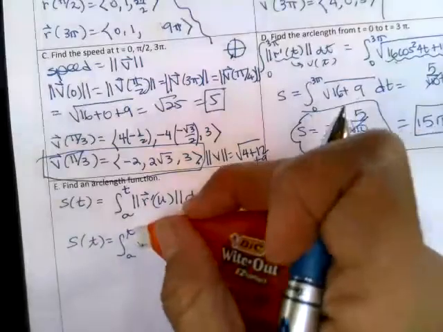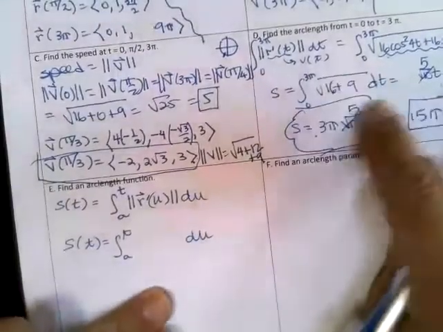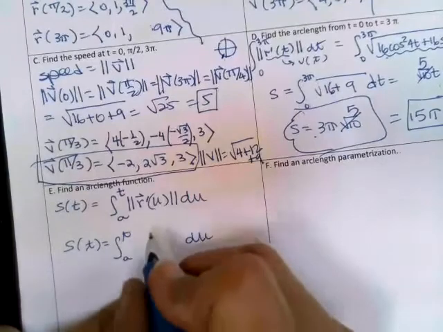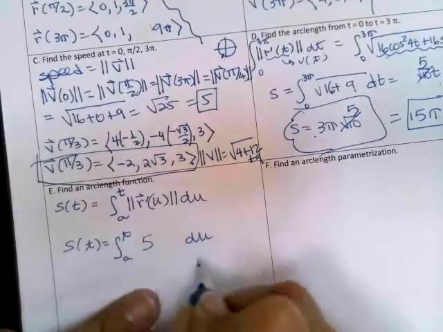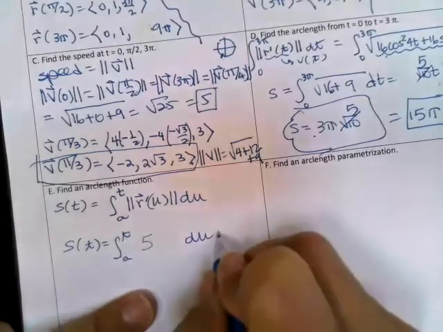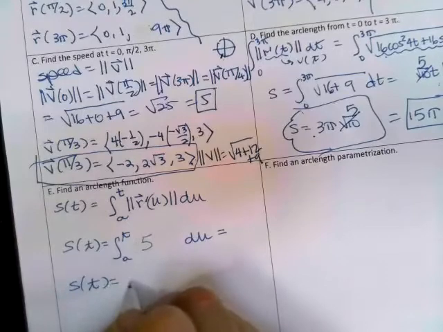Where's my tape? Okay. So now that I'm actually going to do it, I'm really going to integrate 5 du from a to t. So my s of t is just going to be 5t.